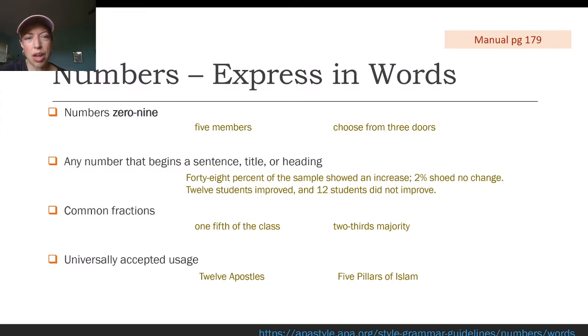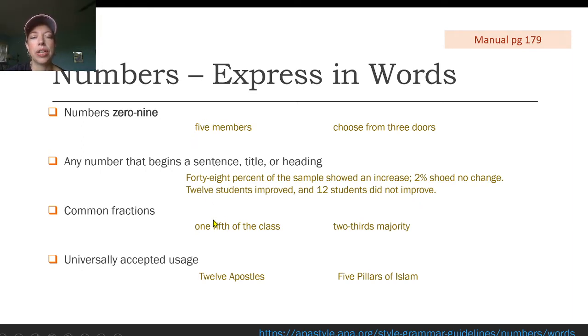This is something I want to stop on. So expressing a number. This is kind of the rule. If the number is less than 10, we want to write out the word with letters. But if the number is 10 or greater, we can use digits. So if in the middle of the sentence I was talking about five-member teams, five would be written out, F-I-V-E.